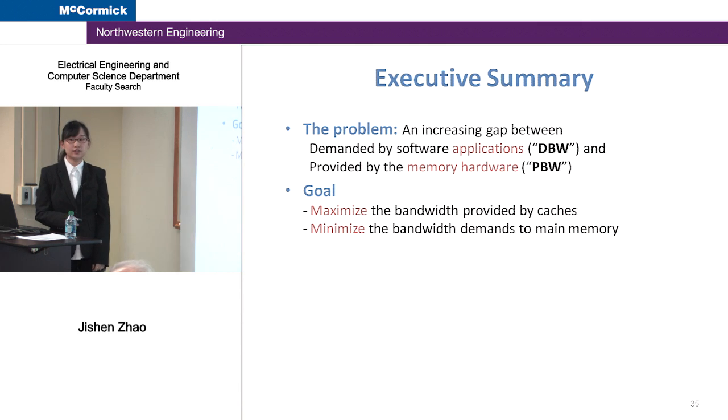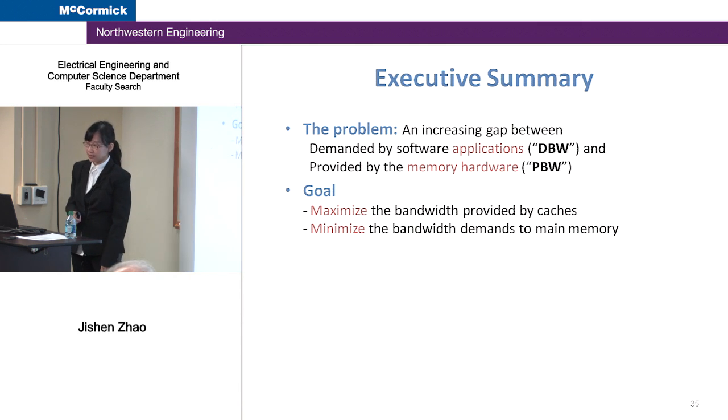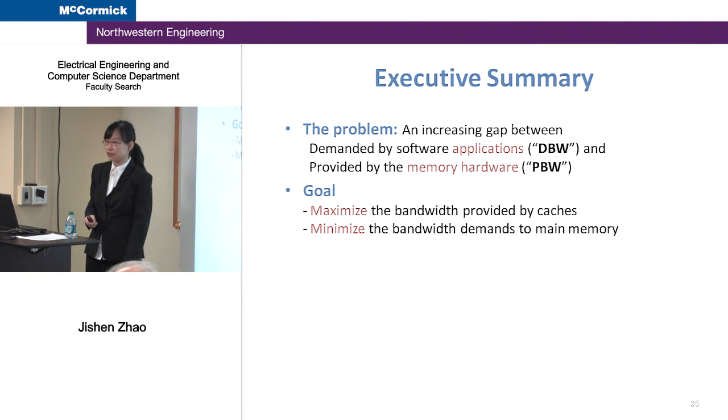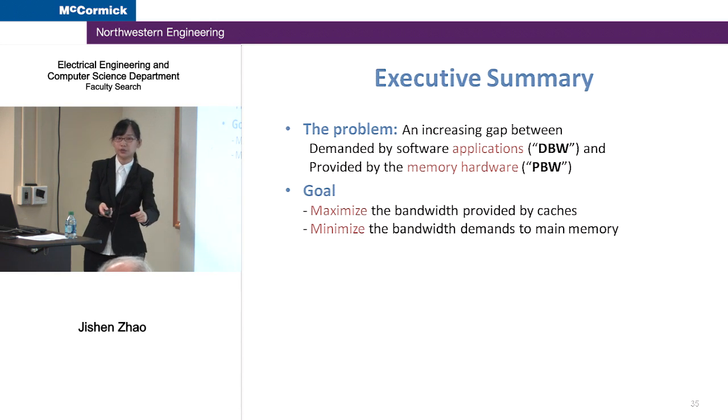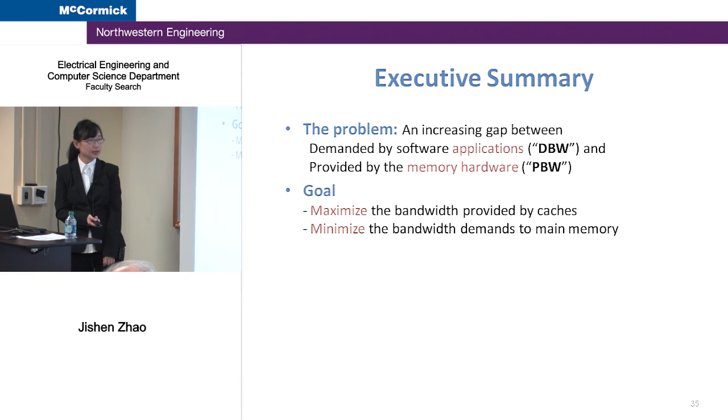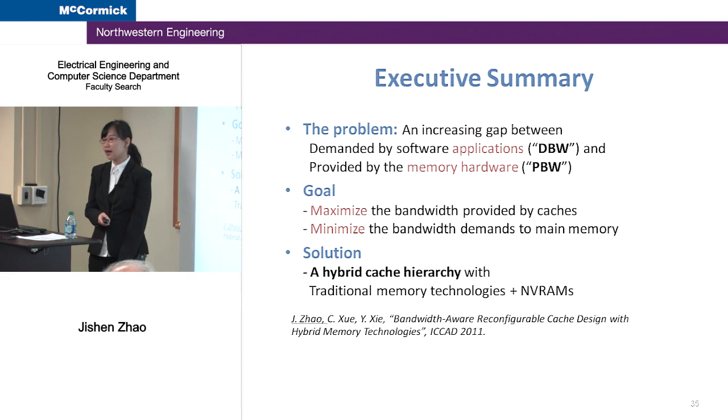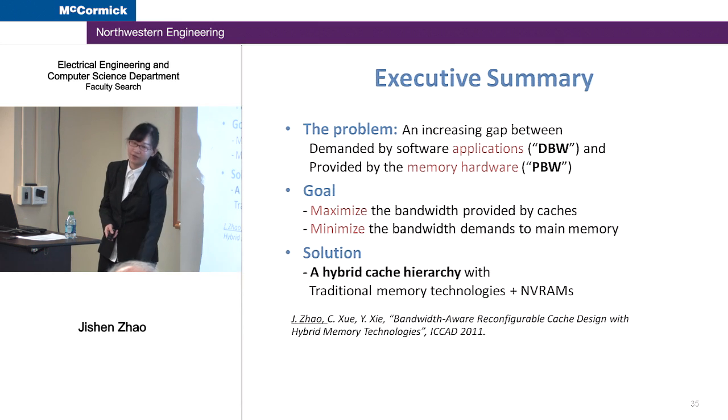Instead of directly improving the memory bandwidth, we tackle this problem by maximizing the provided bandwidth at the cache hierarchy to minimize the demanded bandwidth to the main memory. Our solution is a hybrid cache hierarchy design with various memory technologies, including NVRAMs.